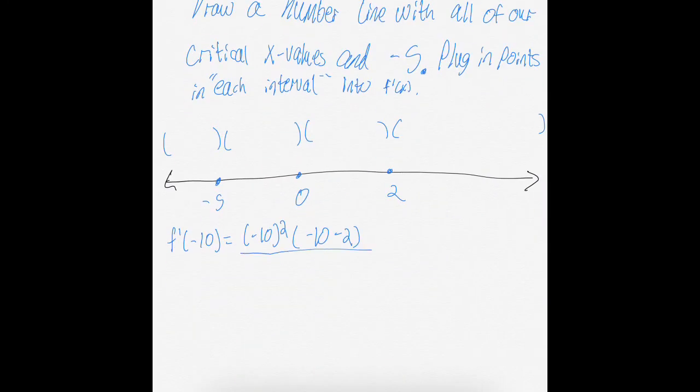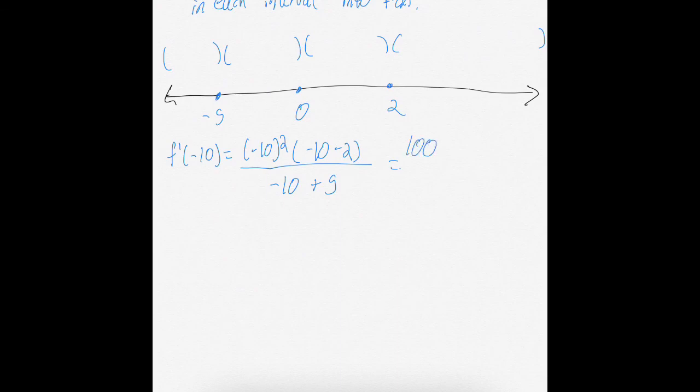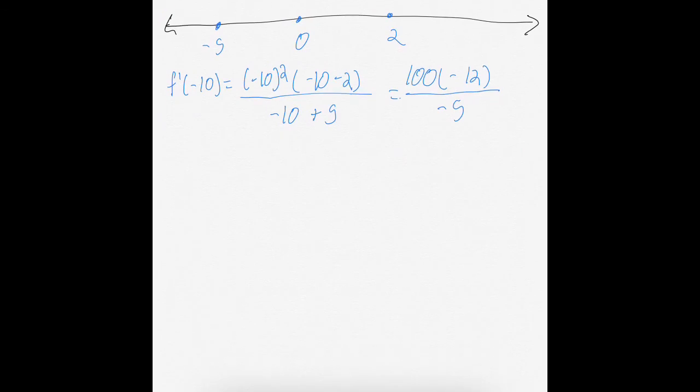So if I plug in -10, I'm going to get -10 squared times -10 minus 2 over -10 plus 5. Okay, so this is going to give me 100 times -12 over -5. We can go through and solve this and simplify it.